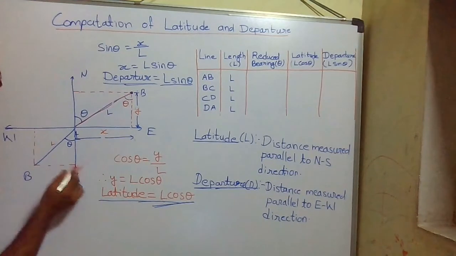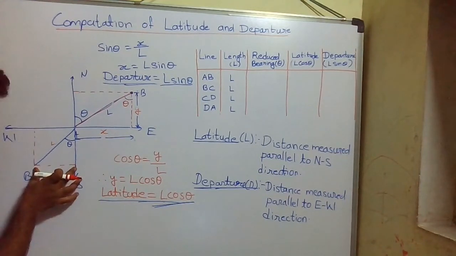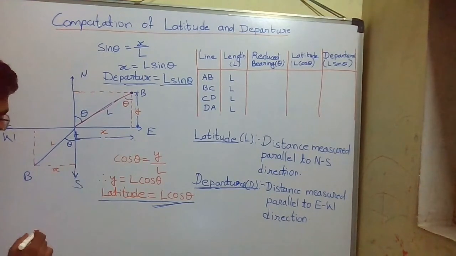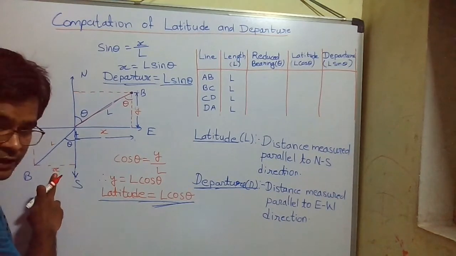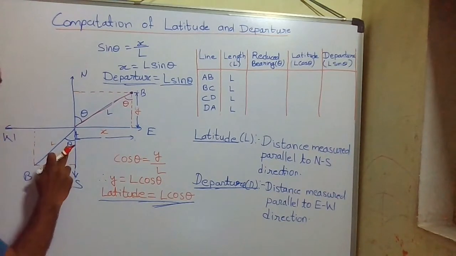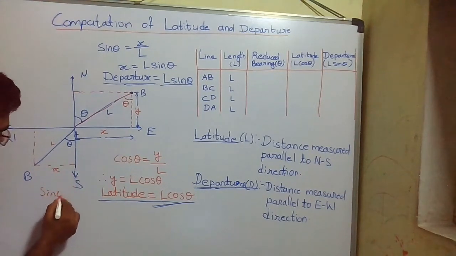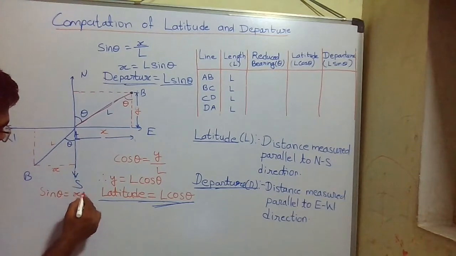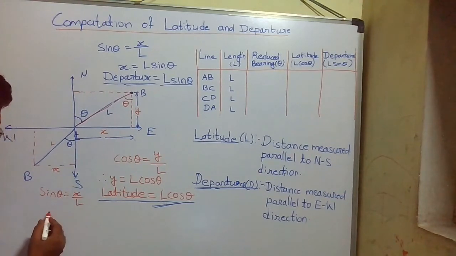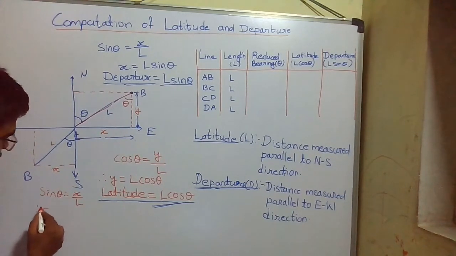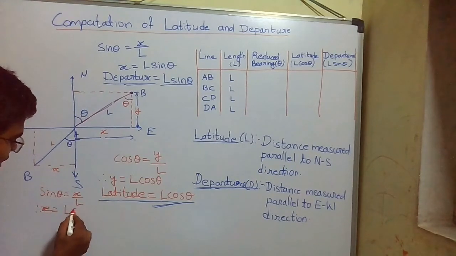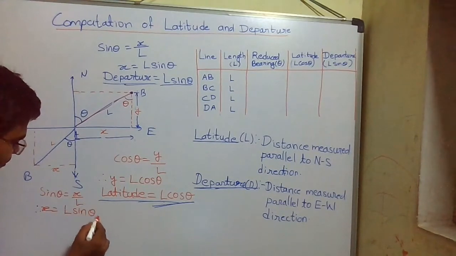This is the opposite side, and if we call it x, and this angle is theta, then sin theta is equal to x by L. Therefore x is equal to L sin theta.